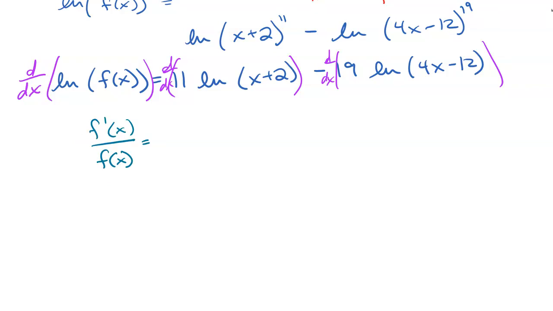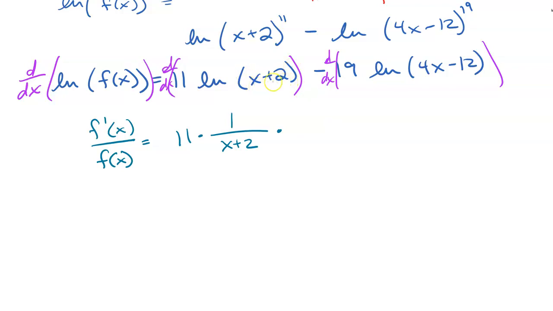According to the rule for derivatives of natural logs, that would be 11 times 1 over u, so 1 over x plus 2, whatever is in our natural log parentheses, times the derivative of the inside.